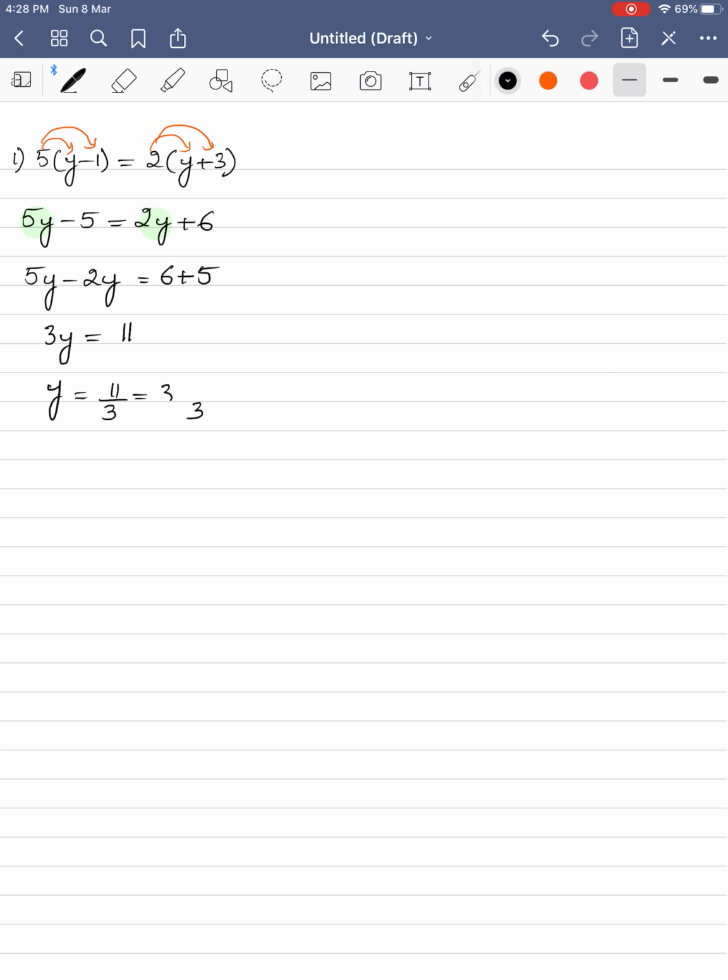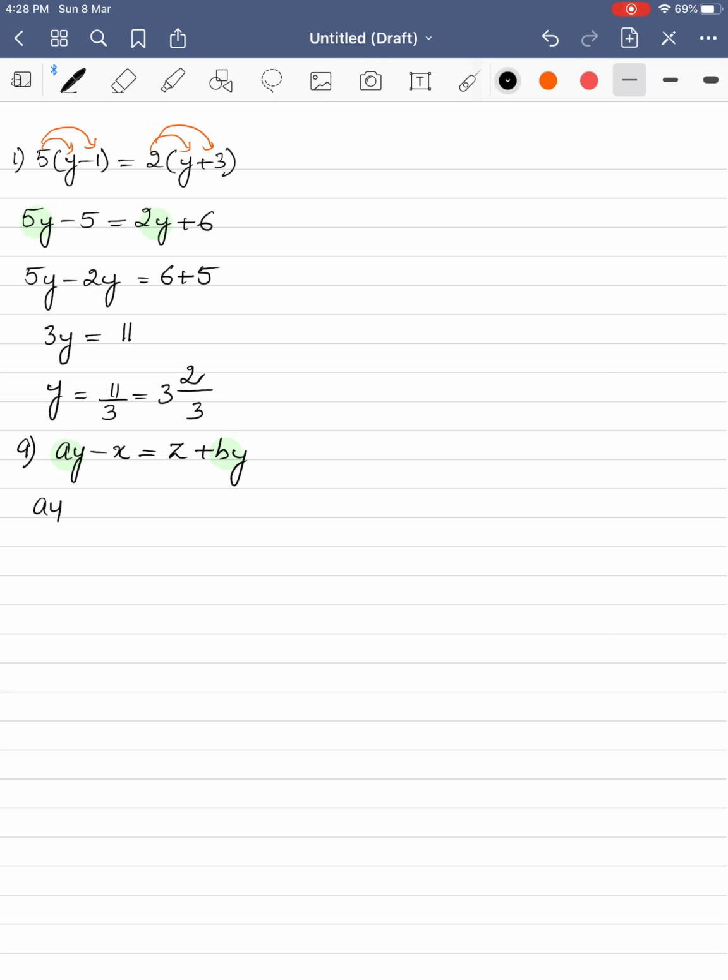Question number 9. We have ay - x = z + by. Again in this question, we observe that the term containing the y, which has to be the subject, is scattered on both the sides.